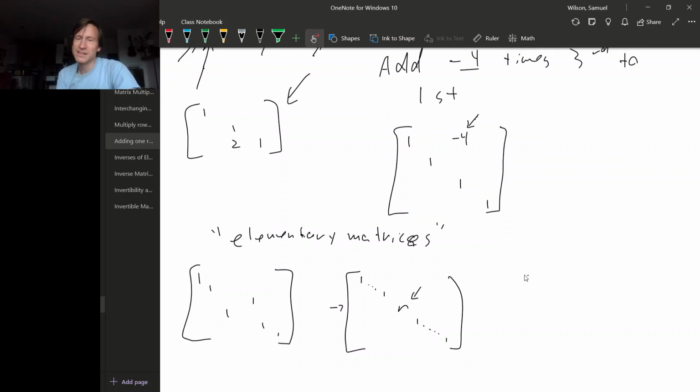And then there's the matrices that add a multiple of a row to another row, which looks like just ones down the diagonal, but then off the diagonal there's some entry somewhere, some scalar. And the position of this scalar determines which row gets added to what other row.